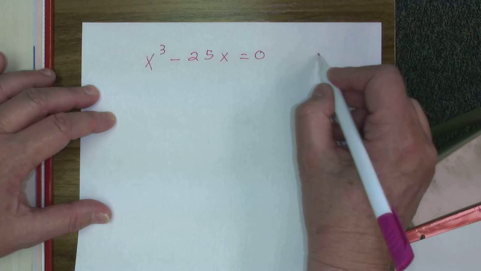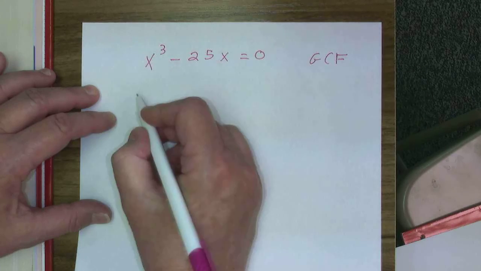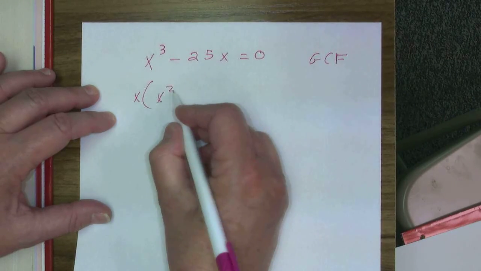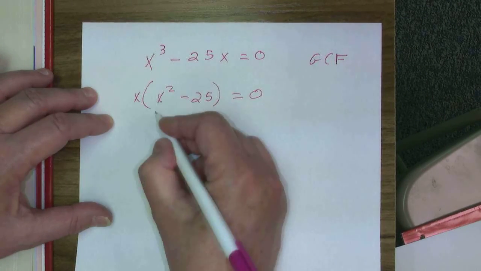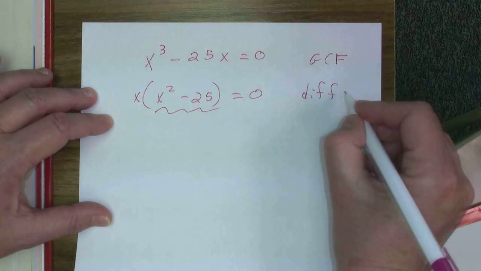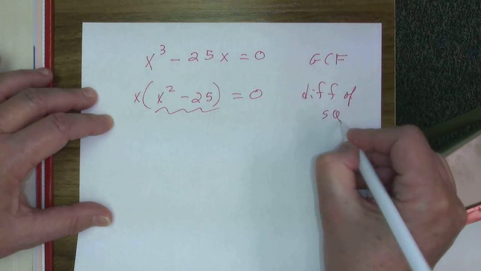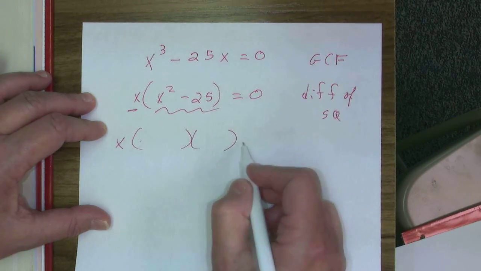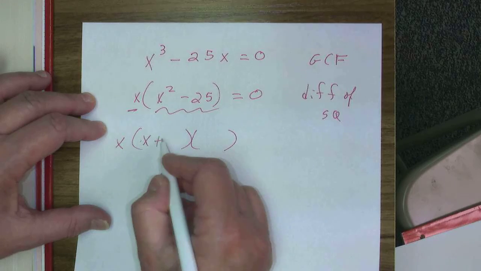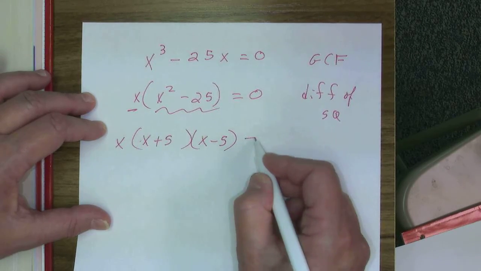Set equal to 0, I see a GCF of x, so I'm left with x squared minus 25 equals 0. Recognize both of those are perfect squares. Again, don't lose the x. This factors into x plus 5 and x minus 5 equals 0.